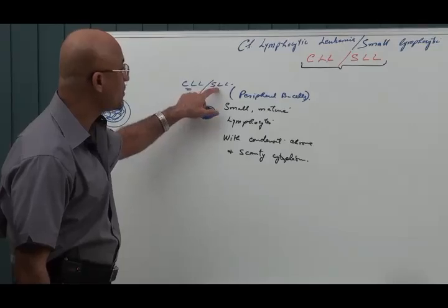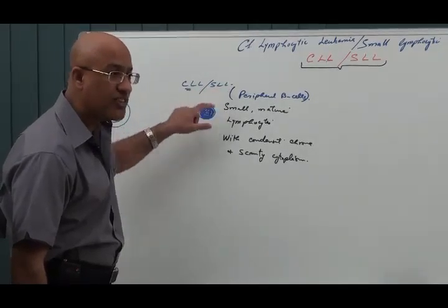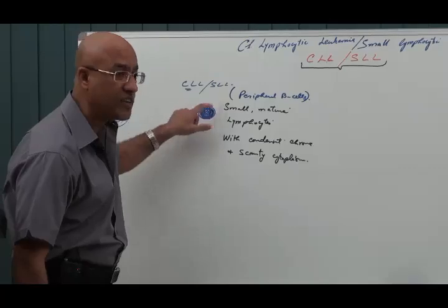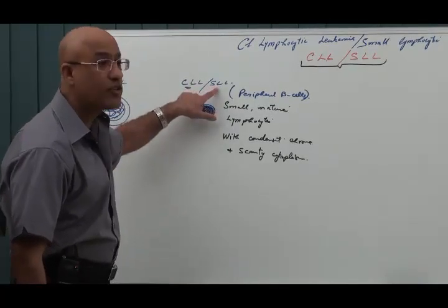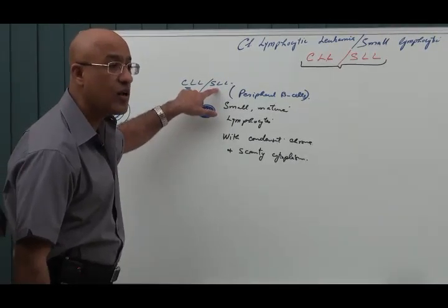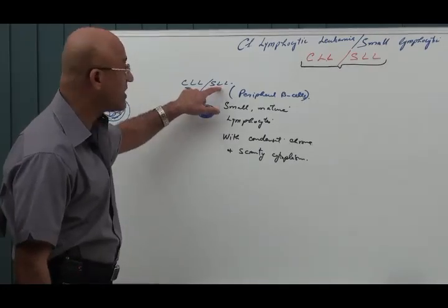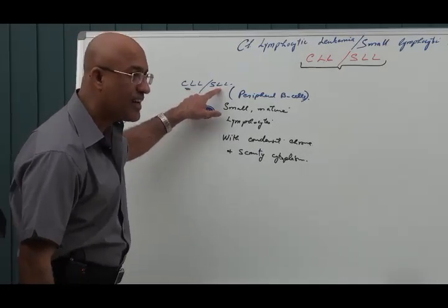And in small lymphocytic lymphoma, even though the cell biological behavior or origin of cell is similar, it is not heavily infiltrating the blood. So here there will not be lymphocytosis.